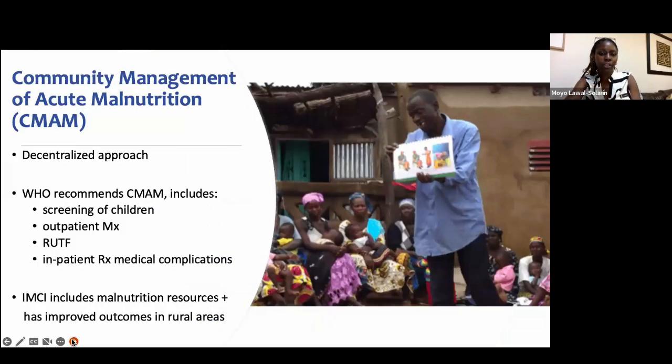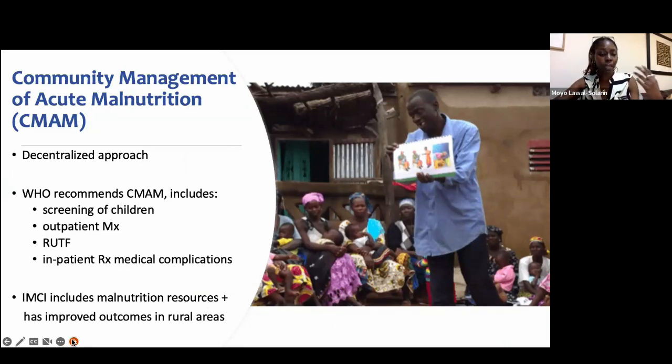Okay, I'm going to touch on CMAM, Community Management of Acute Malnutrition. Basically, it's a decentralized approach, and it shifts the management of acutely malnourished children from facility-based to community-level treatment. It's often provided by primary health centers or your mobile teams.